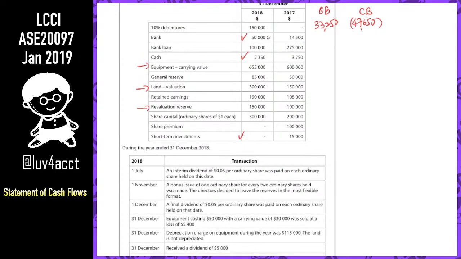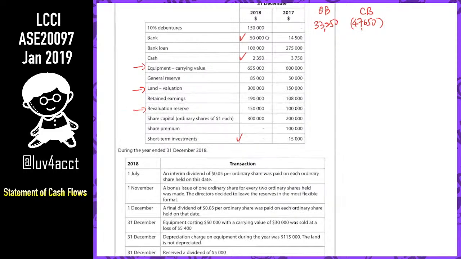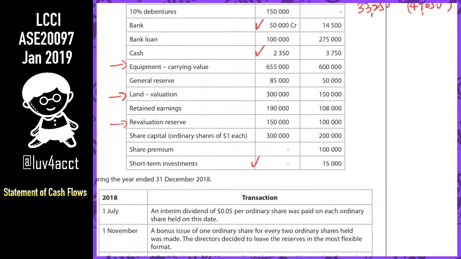So we can find it. Opening balance 150,000, and then we have revaluation, 50,000 increase. That means the land is increased by 50,000 because of revaluation. How about purchase?